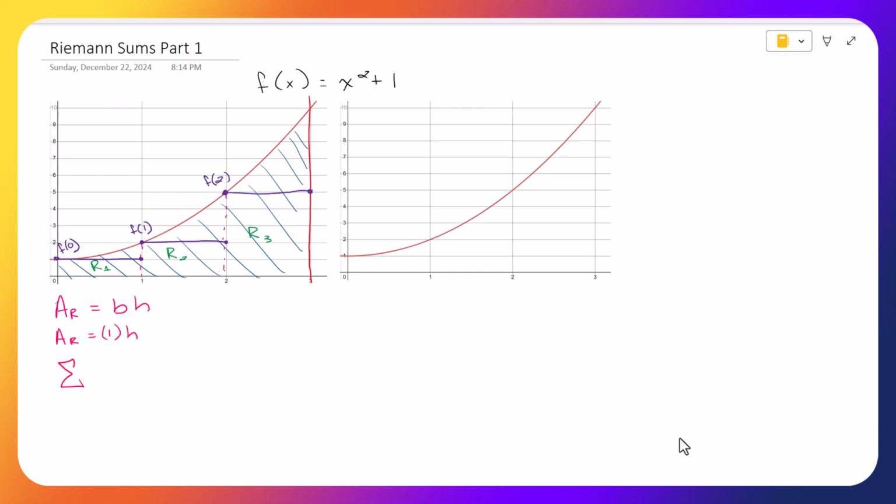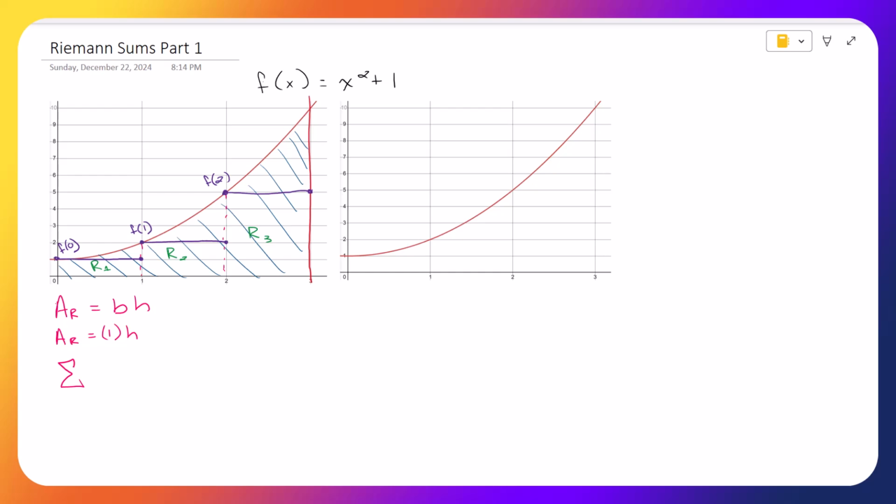I just wanted to make sure I was getting my Greek alphabet right. This is a sigma right here. This weird looking E thing, that is a sigma. And when we see a sigma, it means sum. It means to add. And we're doing 3 rectangles.